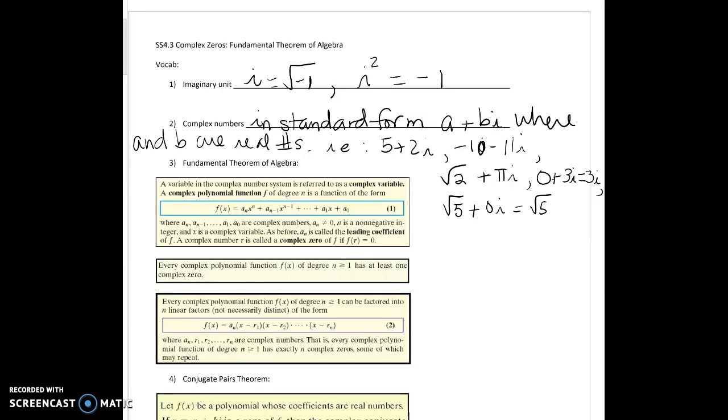If that's the case, then a real solution, which is just radical 5, is also a complex number. So complex numbers are a bigger set of numbers that also include real numbers as well. So complex number is solving for all solutions, real and imaginary.